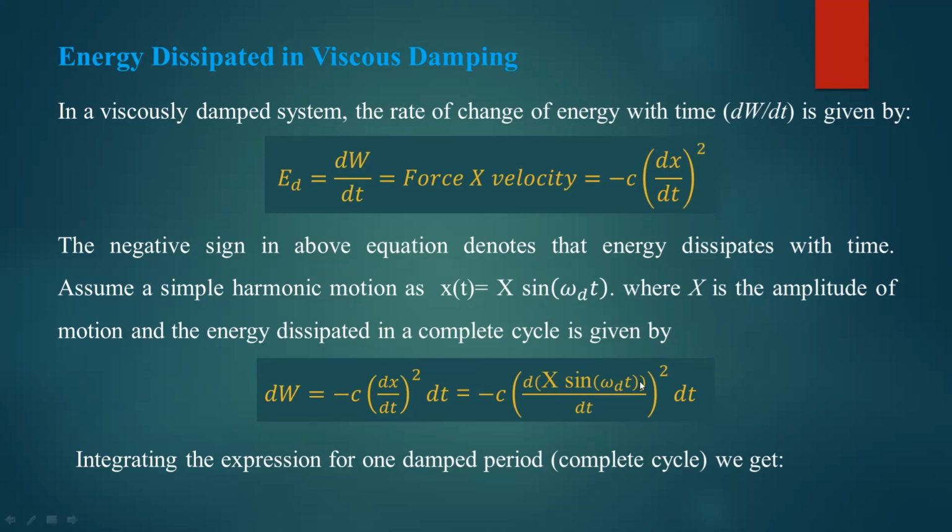By introducing this, we can get the change in energy with time. Or we can take x of t equal to X cos of omega d t plus some phase angle phi. By that, we can define this.